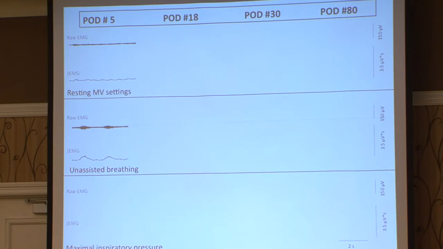Now what you can't see on this image was this patient could tolerate about 2 minutes and was working his hardest, working very, very hard to generate inspiratory volume without assistance, but the diaphragm wasn't helping that much. And then we get even more recruitment of the diaphragm with a maximal inspiratory pressure maneuver, which we would expect. That's our best effort.